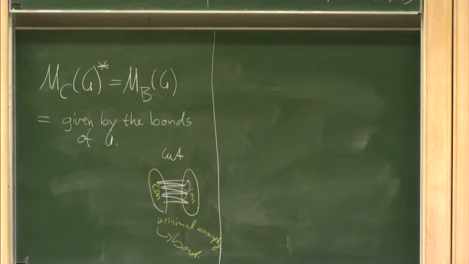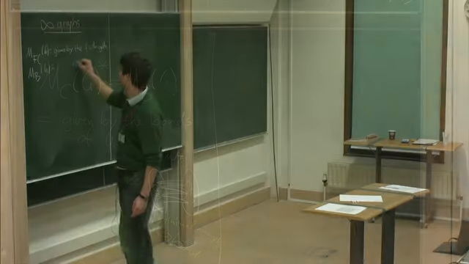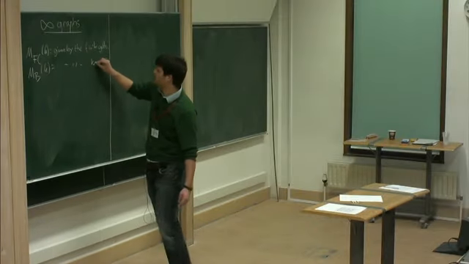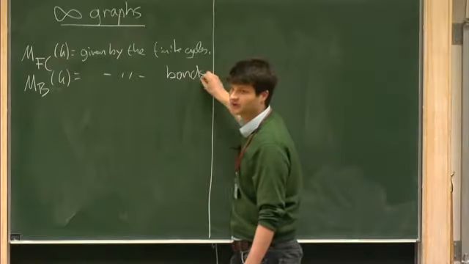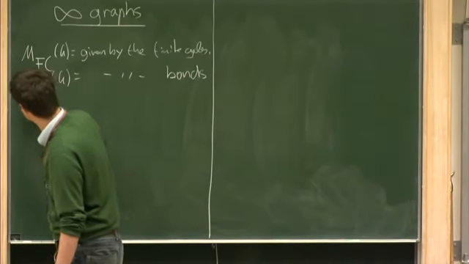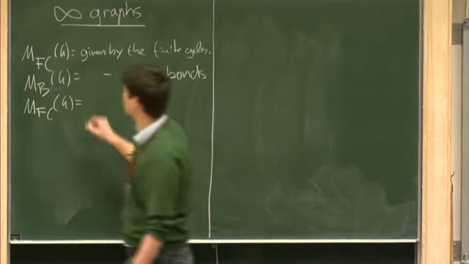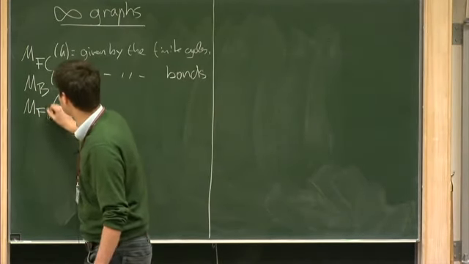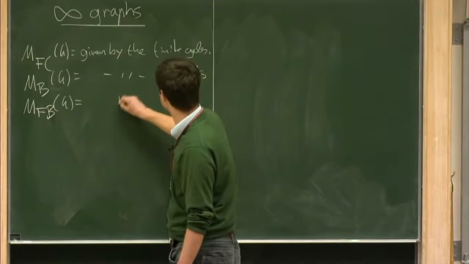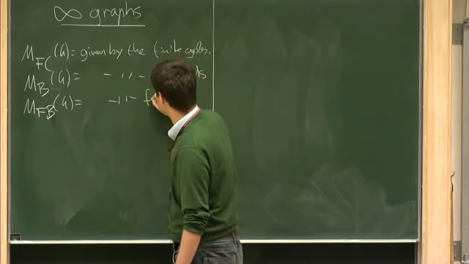And then we also have again the bond matroid, which is given by the finite or infinite bonds of the graph. And then we have a third matroid, which is called the finite bond matroid, which is only given by the finite bonds.